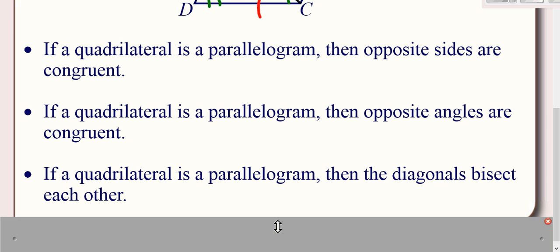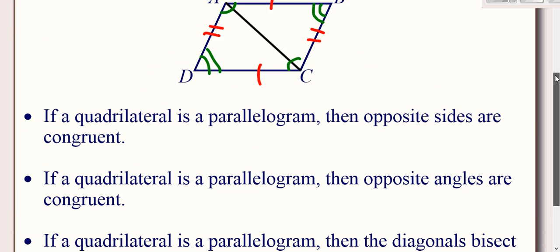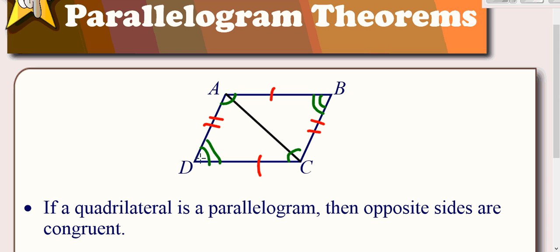We also get, this one's a little bit harder, diagonals bisect each other. The diagonals cut each other in half. So we haven't looked at a drawing yet that had both diagonals. But we're drawing both diagonals here. They intersect here in the middle, so we know we would get vertical angles right here.